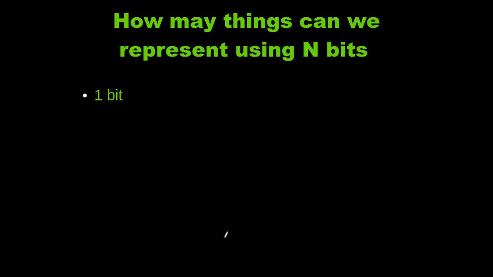Now, how many things can we represent using m bits? In one bit, a 1 bit can either be 0 or 1. I can represent two things in 1 bit, 0 or 1. That's two values, that's two things, and we can say 2 to the power what? 1.